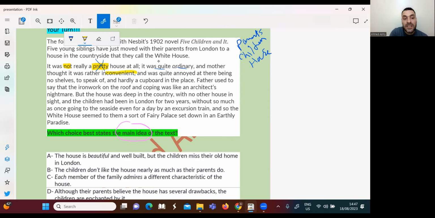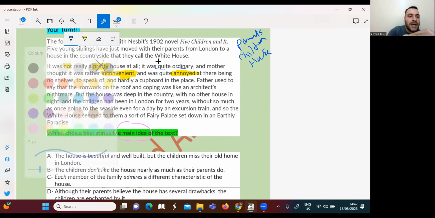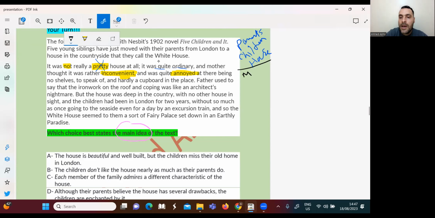And annoyed. So the feelings of the mother toward the house, positive or negative? Negative. Very good. So in the map what will I write? Mother, negative feelings toward the house. What helped me understand the feelings of the mother? The adjectives. Annoyed, inconvenient. Bravo.